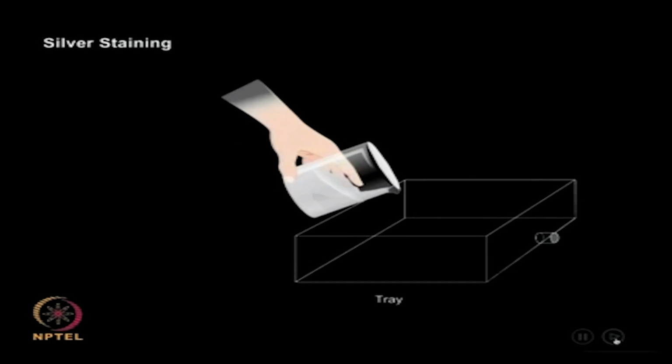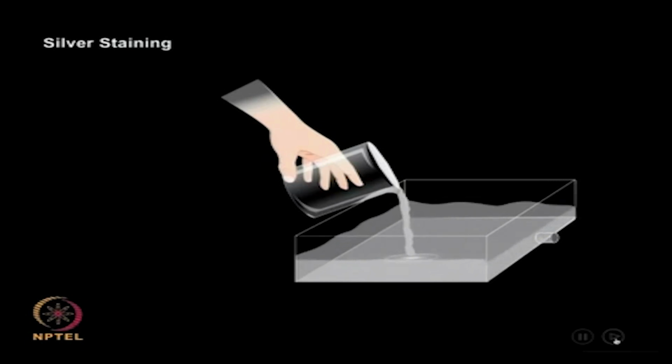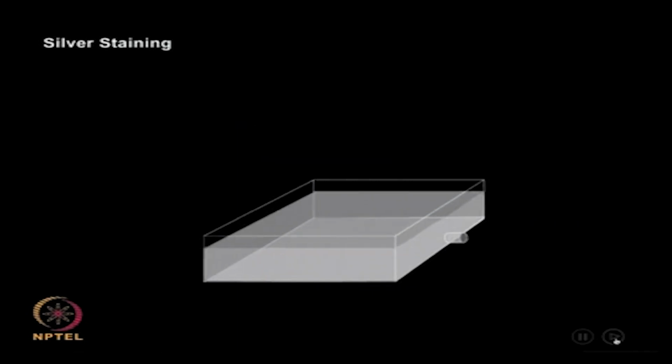The completed gel is first placed in a fixing solution of methanol and acetic acid that fixes the protein bands in the gel and minimizes any diffusion.